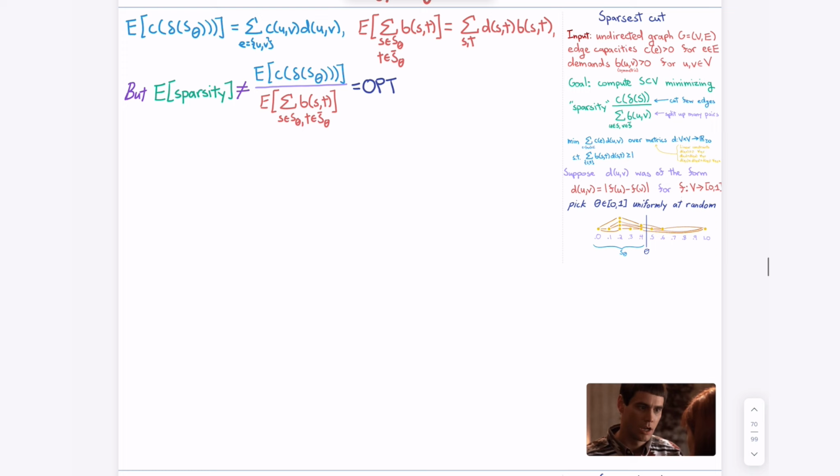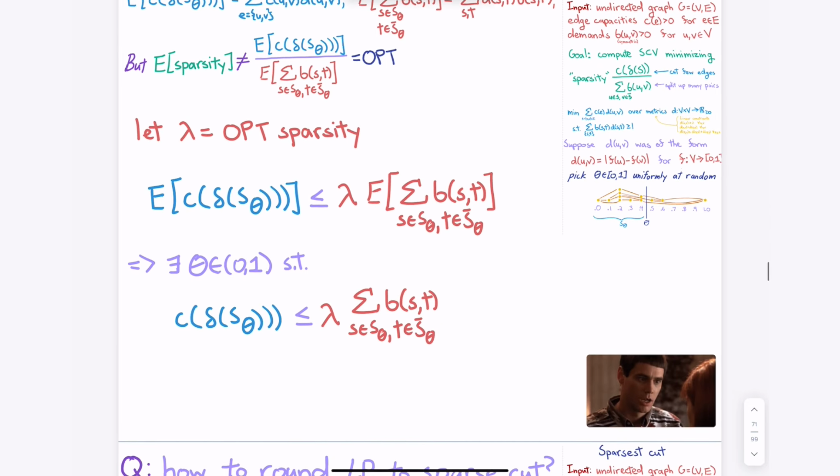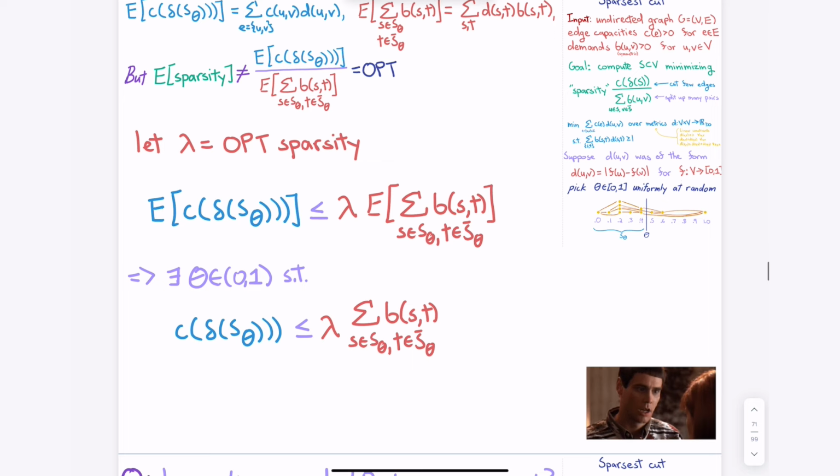So, a slightly different trick, but similar in spirit. On the next page, I left all this white space thinking we'd have time to do it together. If I set lambda to be the value of the optimum that I'm going for, and I can guess it with binary search, or actually the LP tells me lambda, then I can say this ratio is equal to lambda, and then just multiply it through.